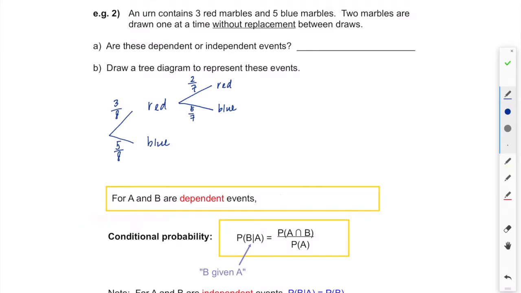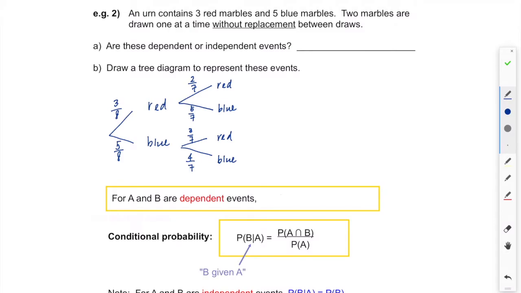If the first marble drawn was blue, I may still get a red or blue marble in the second draw, but now I have 4 blue marbles out of 7 versus 3 red out of 7.